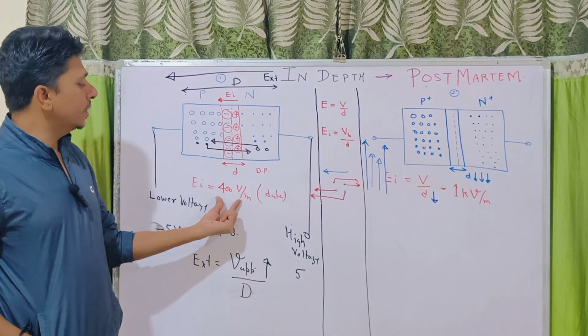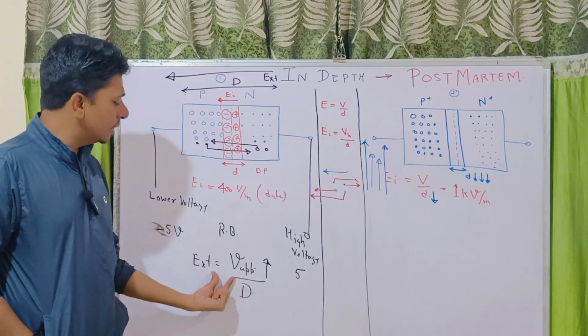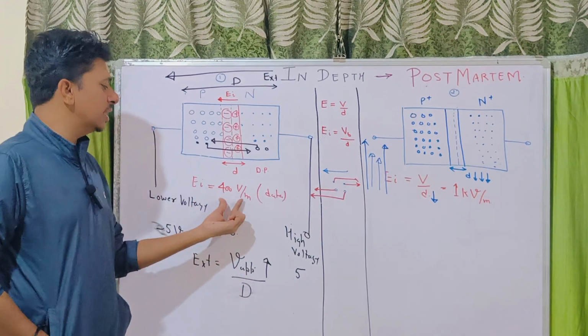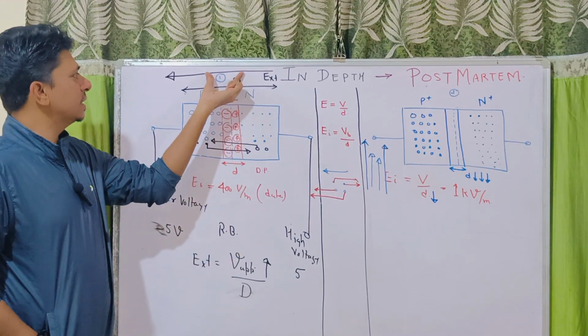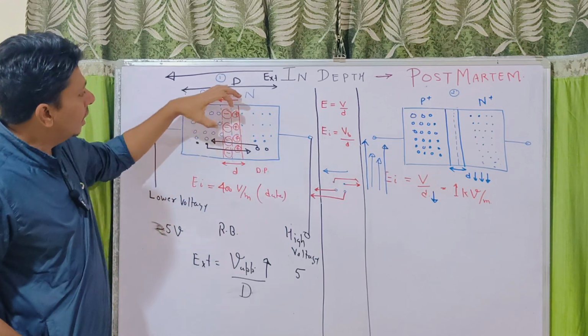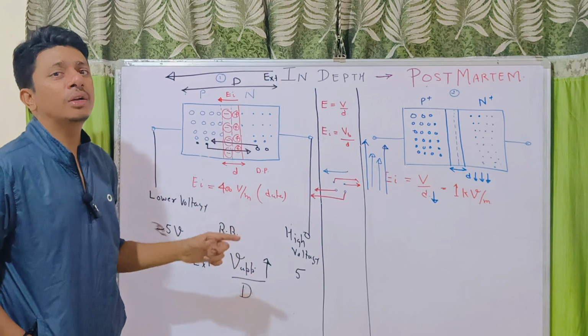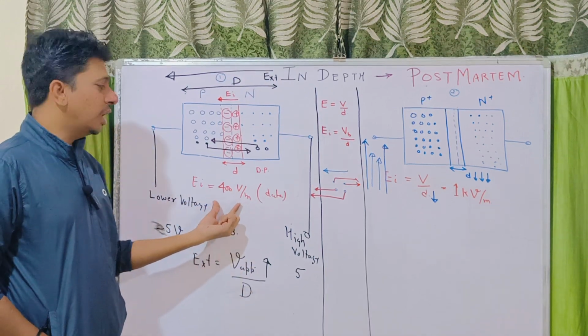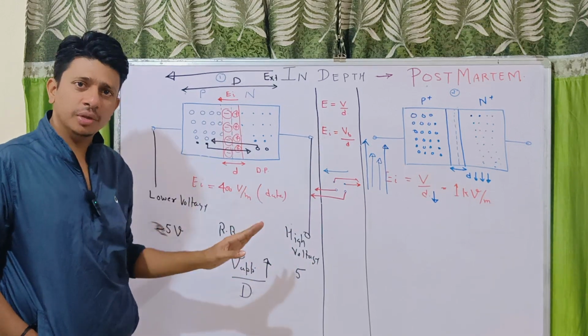Now what is the electric field? 400 volt per meter. This external electric field will increase this electric field, no doubt, because the internal electric field and external electric field magnitudes get added, and here the electric field will get increased, but not very high. It will go up to 800 or 700, that much.